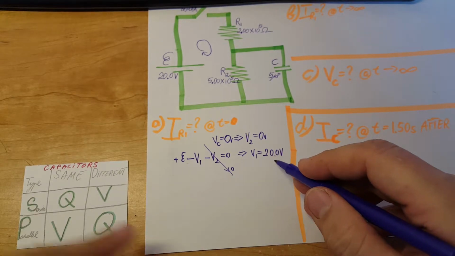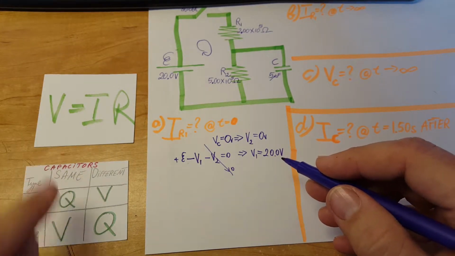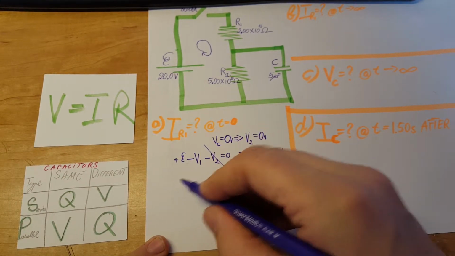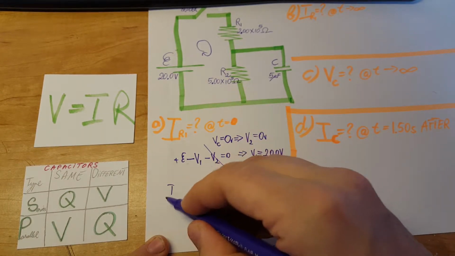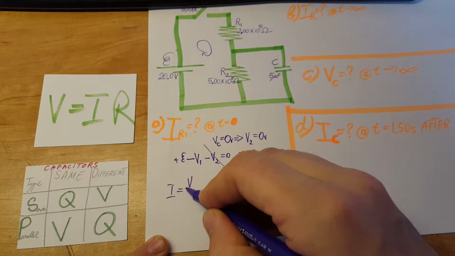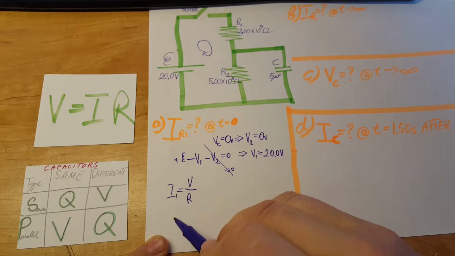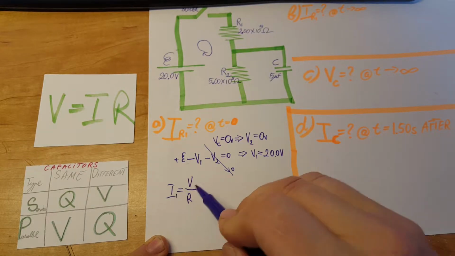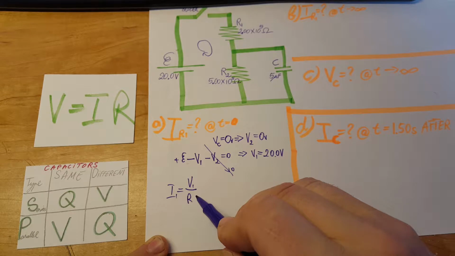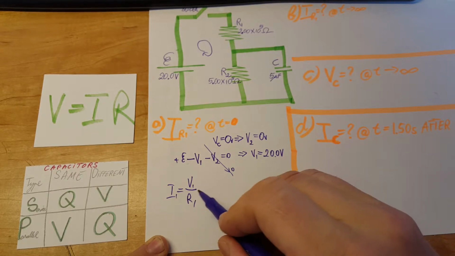From here we can use V equals IR, and from here we're gonna solve for I equals V over R, and this is the current in 1, the voltage on resistor 1 over the resistance of resistor 1.